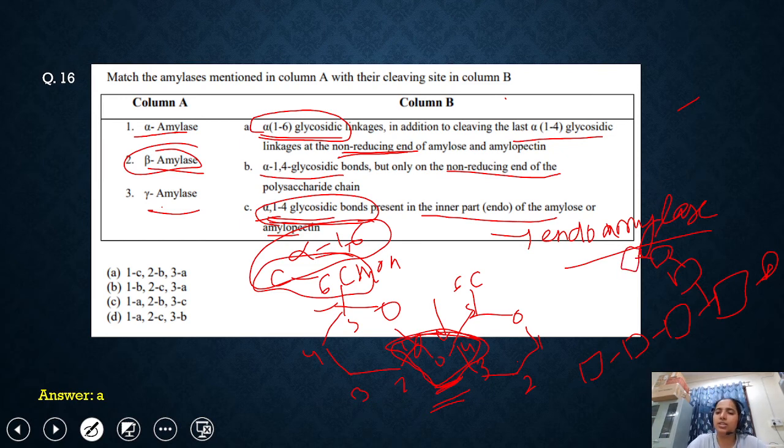Another chain, suppose two chains are joined, usually has this linkage at the alpha 1,6 position.